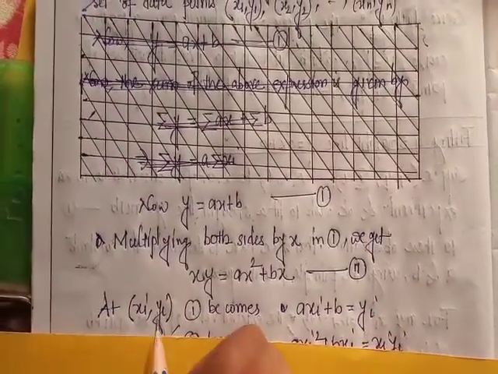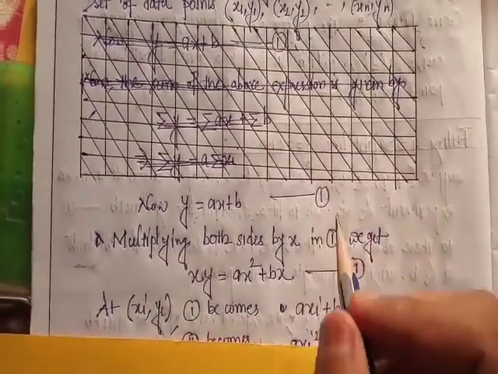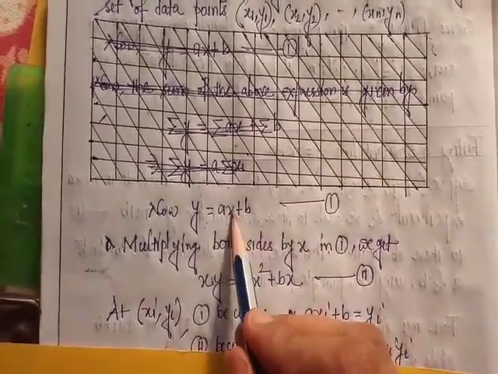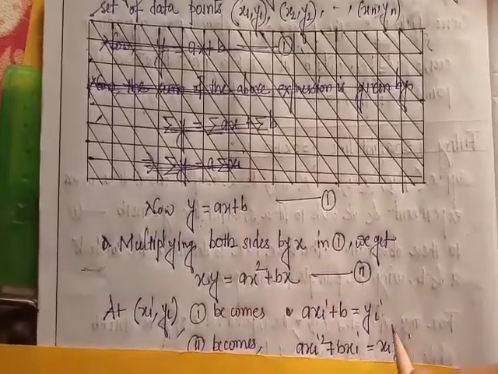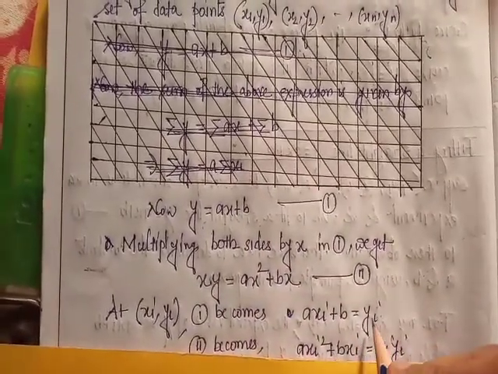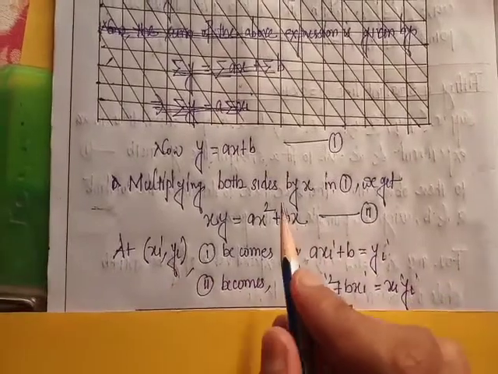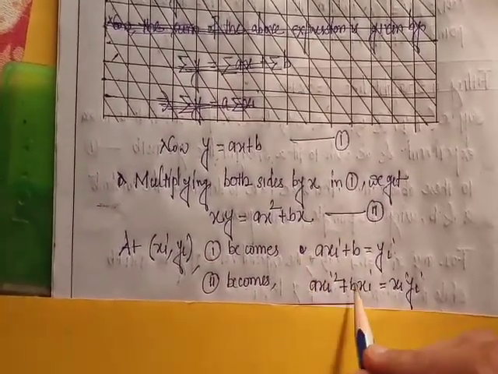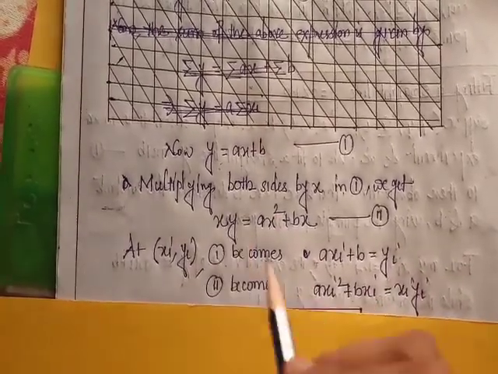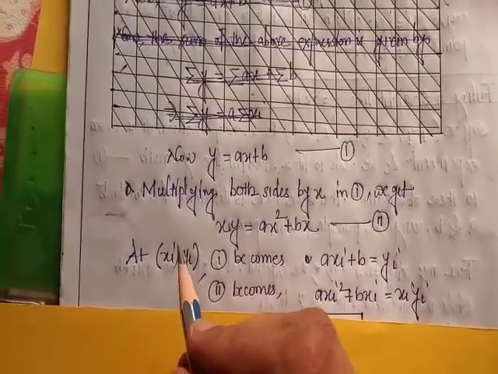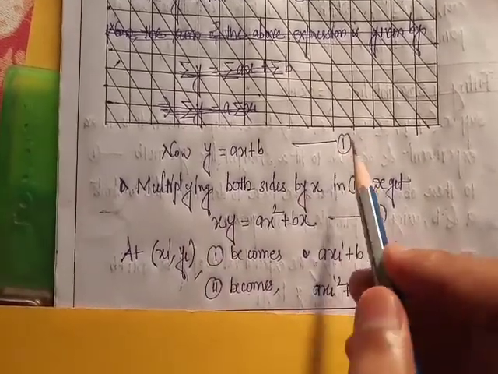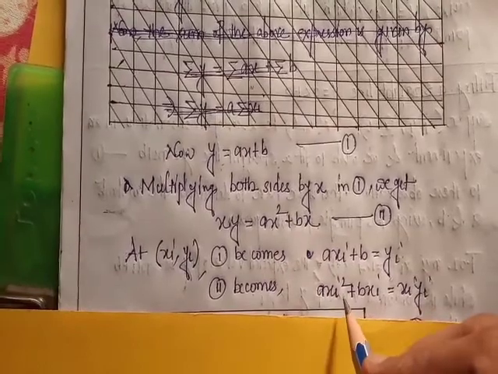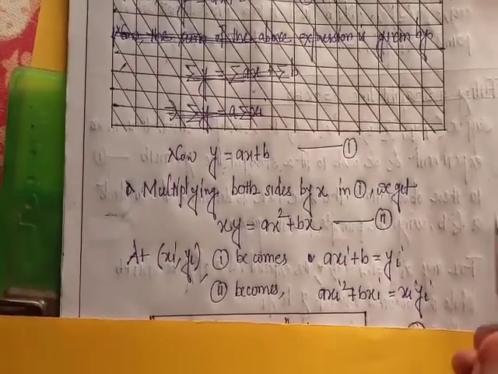At any point (xi, yi), the first equation becomes a xi plus b equal to yi, and the second equation becomes a xi square plus b xi equal to xi yi.